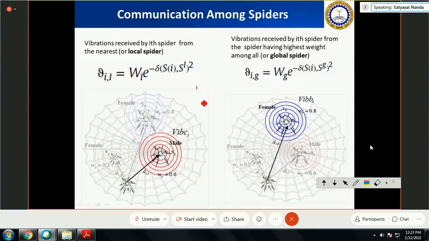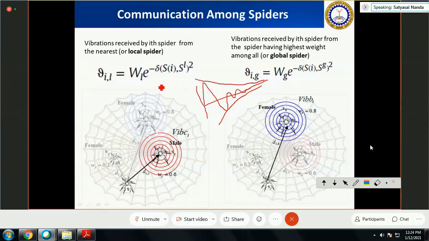So initially, if a spider punches heavily, then it will create a heavy acceleration, and it will get reduced with respect to the distance. This reduction is exponentially decaying with respect to the distance. So as the distance increases, this exponential decay phenomenon will also increase.